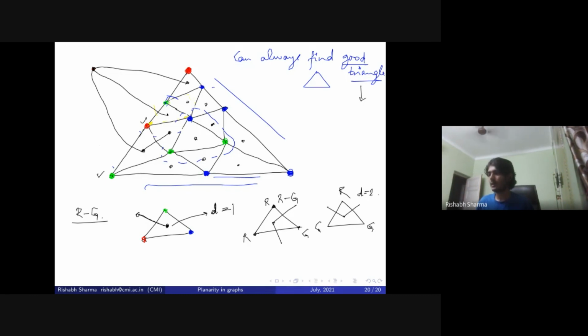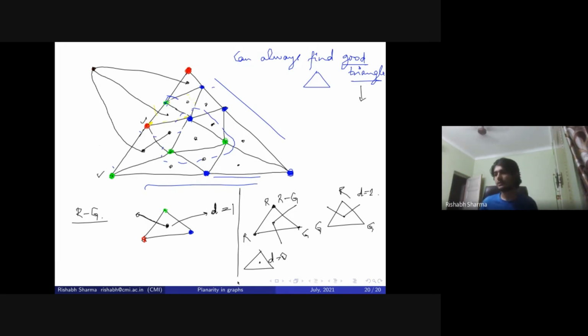And if the triangle does not use red and green, if it uses red-blue or green-blue, then there will be no edge corresponding to a red-green coloring, right? So the degree will be 0. Similarly, if the triangle is monochromatic, then also I cannot find a red-green edge, so the degree will be 0.